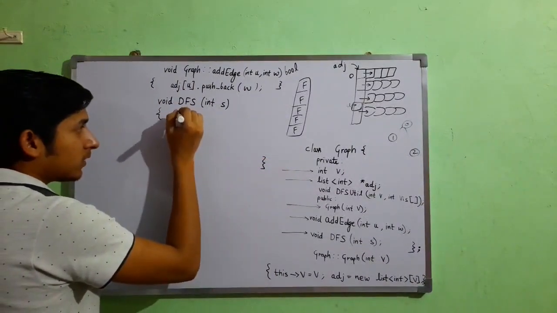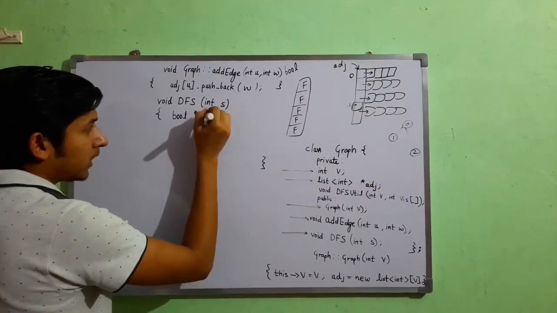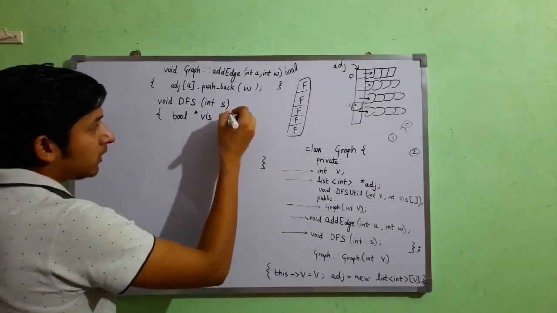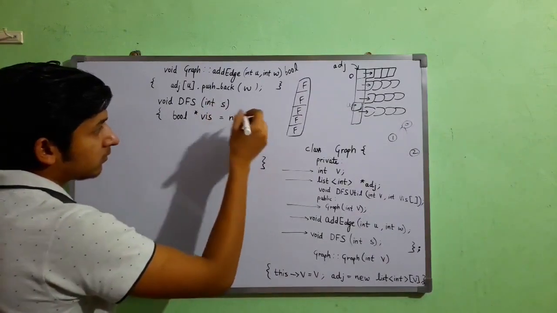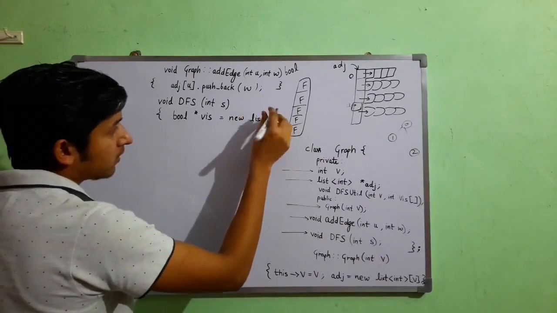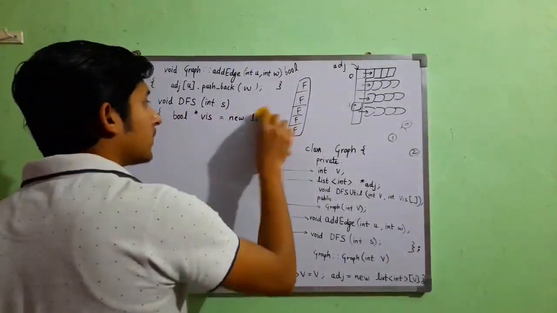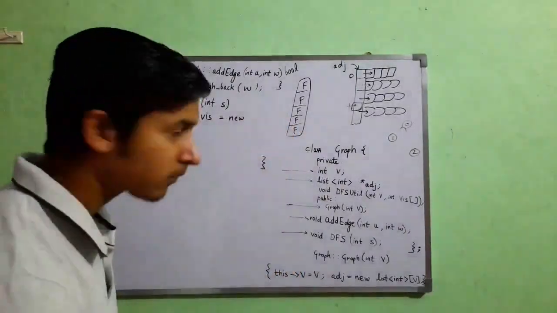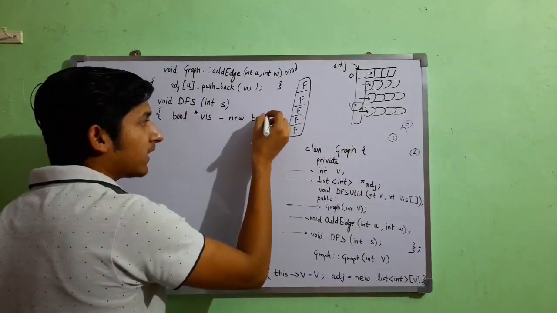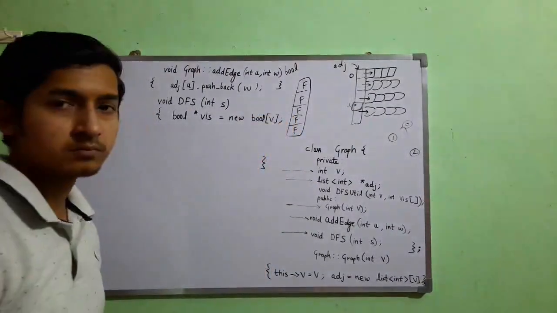In this, declare a boolean pointer, say this, to a new boolean array of size v.